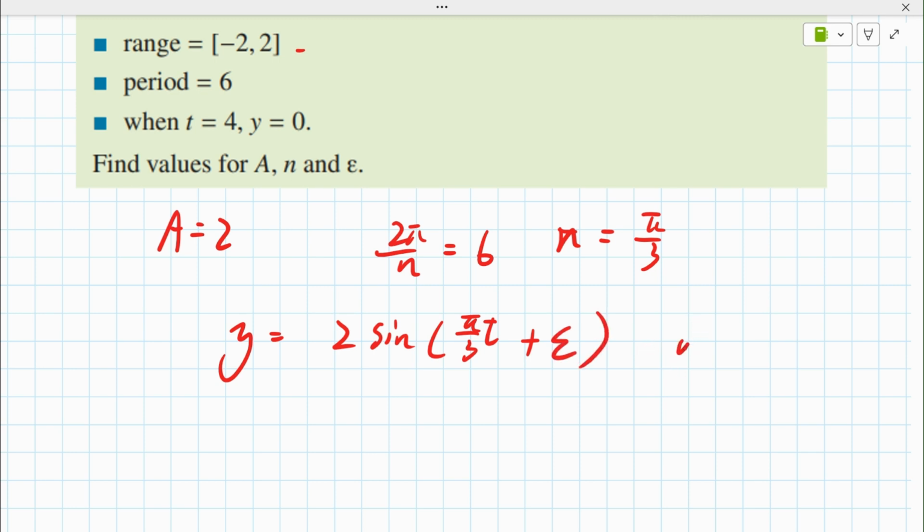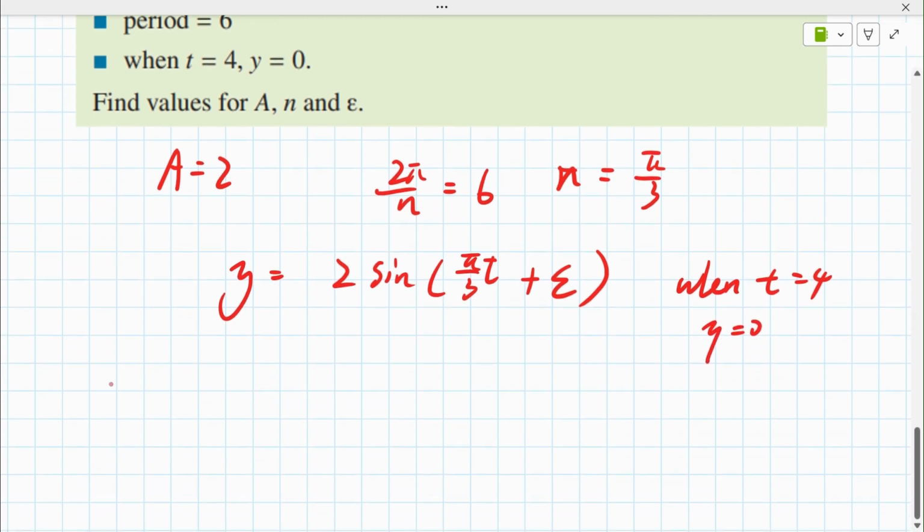When t equals 4, y equals 0. So now we can try 2 sine of pi over 3 t, times 4, plus phi equals 0.